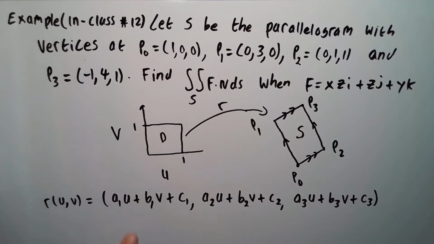So let's map, say, (0, 0) to P0. So we want R(0, 0) to equal P0.